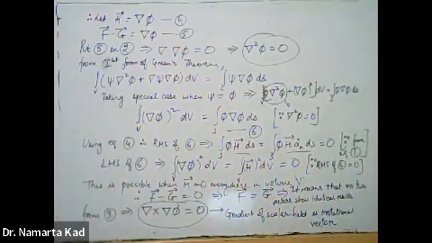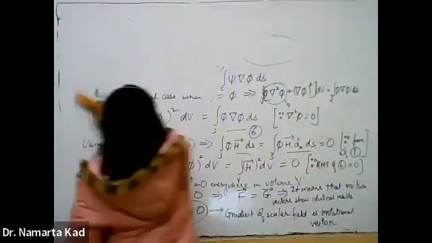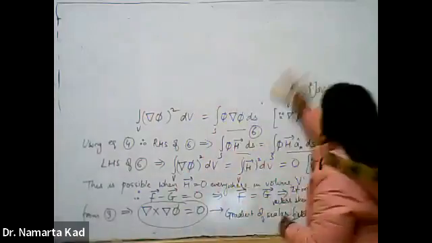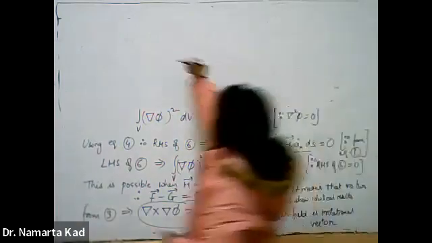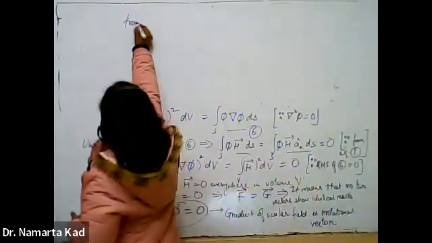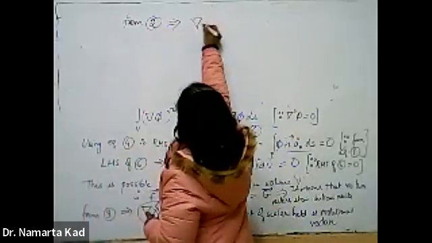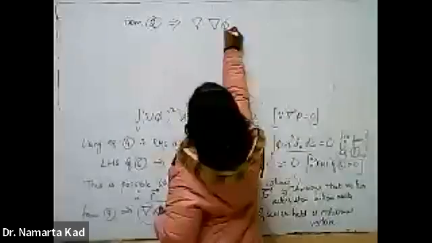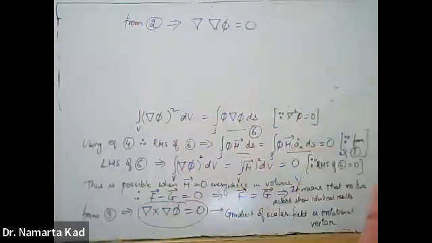And also from equation number 2, it is observed that del dot del phi is equal to 0. So what does this mean?